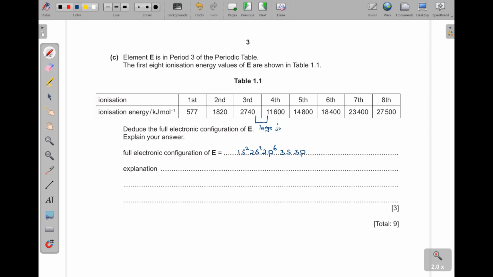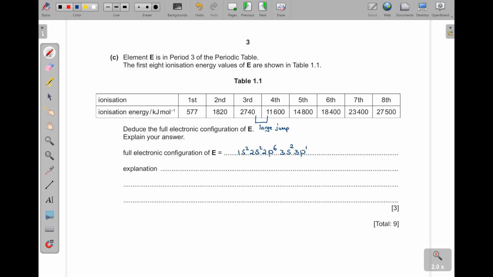That means that the fourth electron is picked from the inner shell. The fourth electron comes from an inner shell. So this outermost shell has 3 electrons. Okay, so if there are 3 electrons, then I will put 2 here and then 1 here.